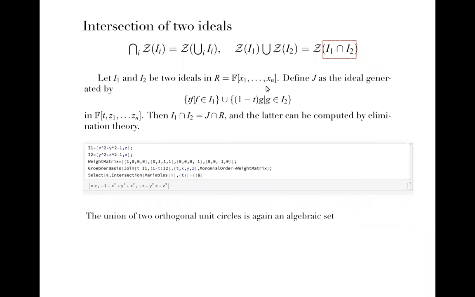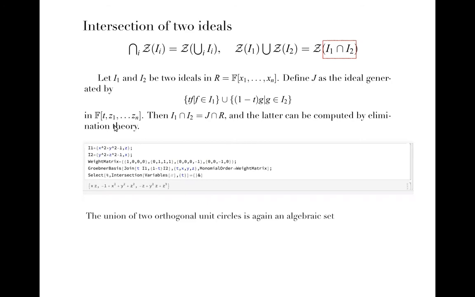There is one very trivial algorithm to do this. You have x1 to xn, and then you introduce a parameter t and consider t also as a variable. Now you consider this generating set: all generators from I1 you multiply by t, and for the other ideal you take the generating set multiplied by 1 minus t. Now you have the variables x1 to xn and also t in this bigger ring.